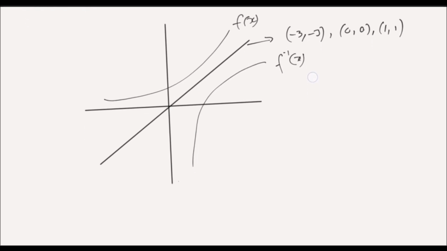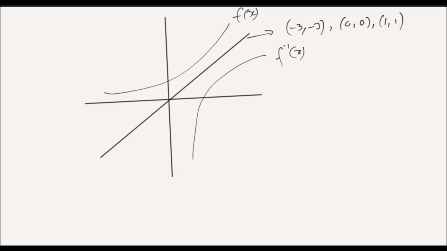Another thing we realize is that this looks at the points. For instance, this point right here is (0, 1), and the point on the inverse function is going to be (1, 0). We said the inverse reverses what the original function has done.